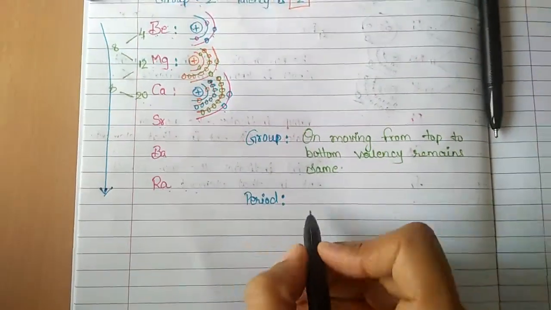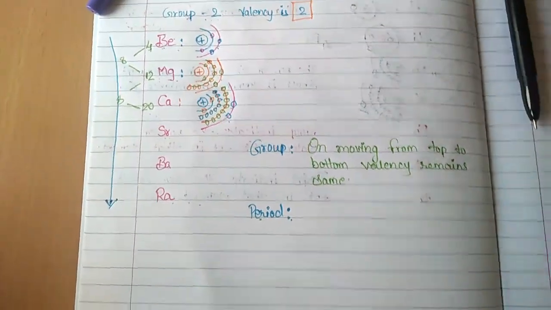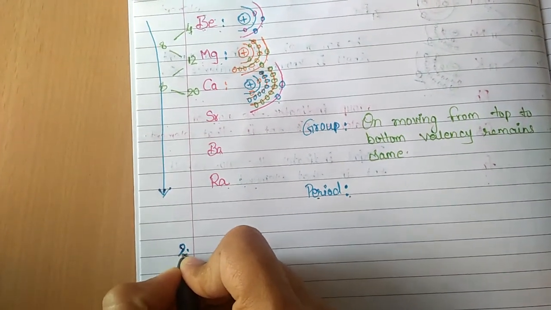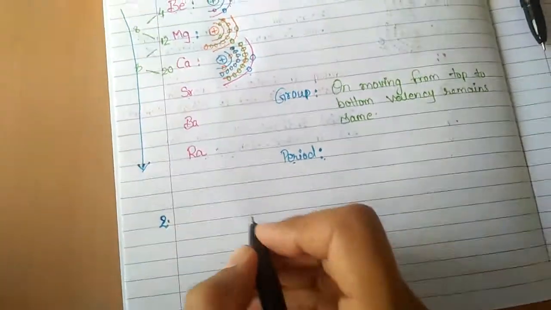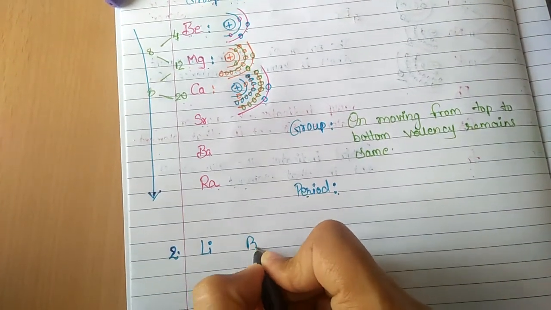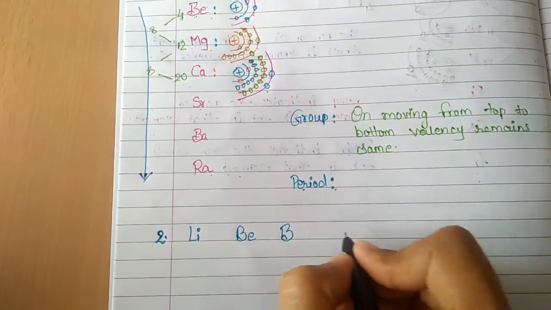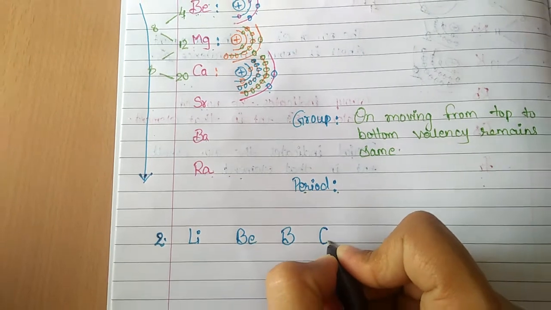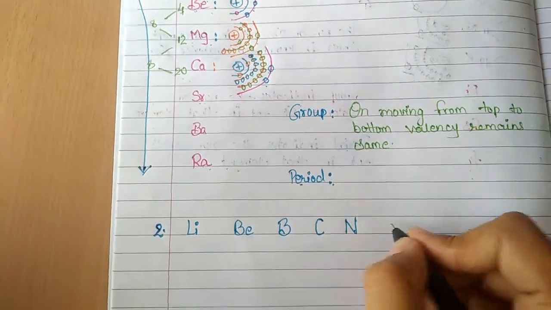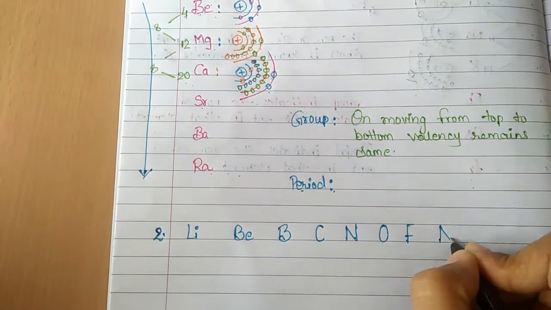Right? So what is the trend in period? For that we need to learn the periods first. When we talk about the second period, which elements are present in it? It starts from lithium, beryllium, boron, carbon, nitrogen, oxygen, fluorine and neon.